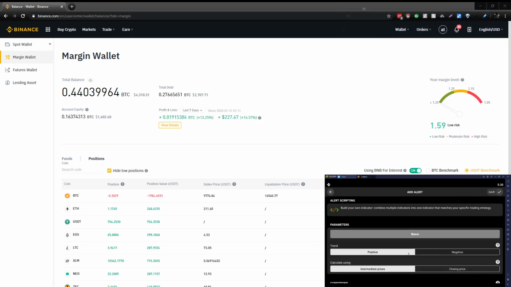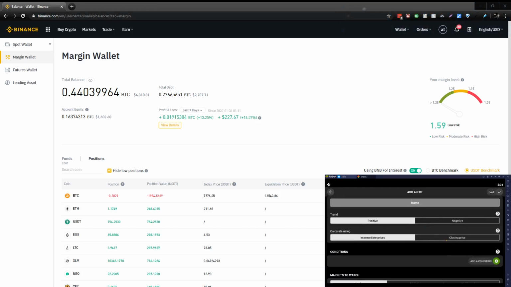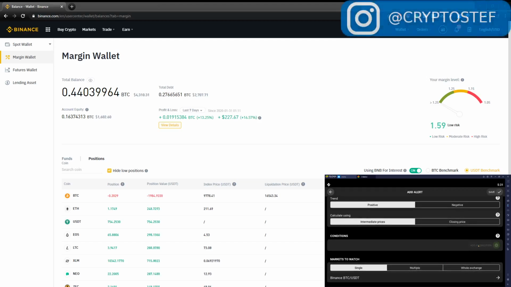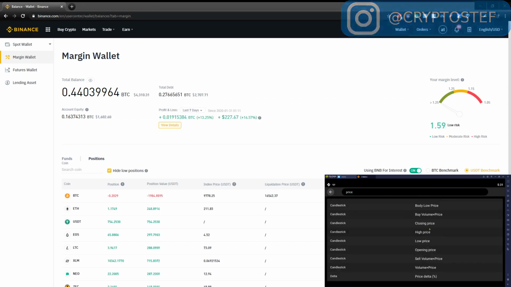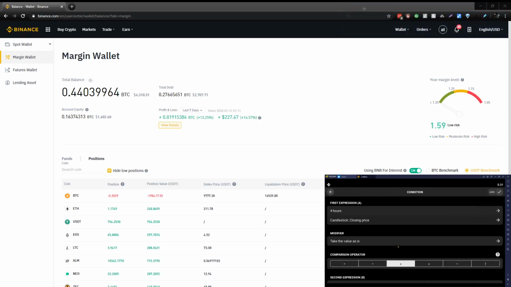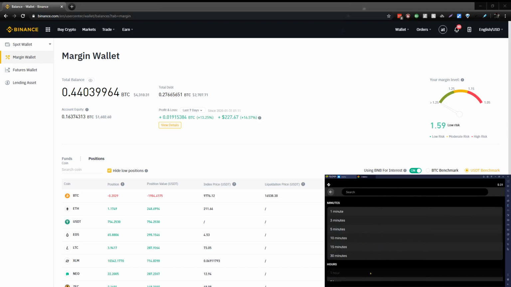You can make a positive or negative, and the closing price, and there are some conditions you can use to define the trend, like the closing price of the 1 hour.